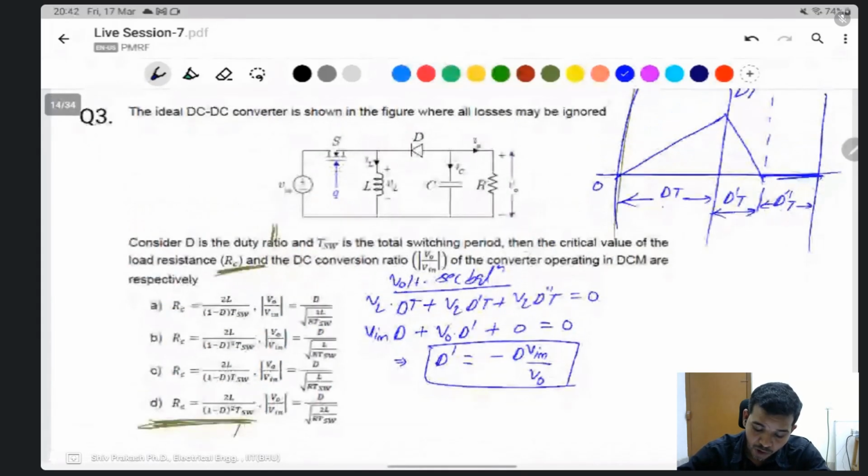Here you can observe the output current. What is the output current? Output current flows when the switch is off. The switch is off between this one. Then output current flows like this only in this period only.